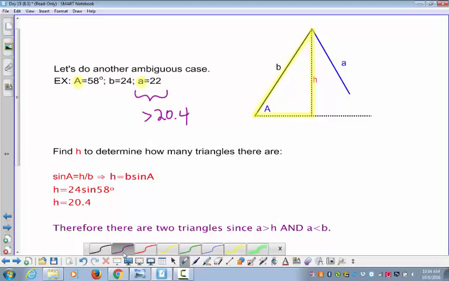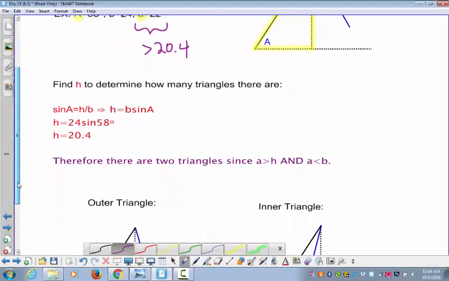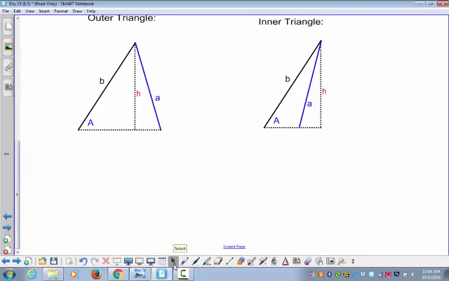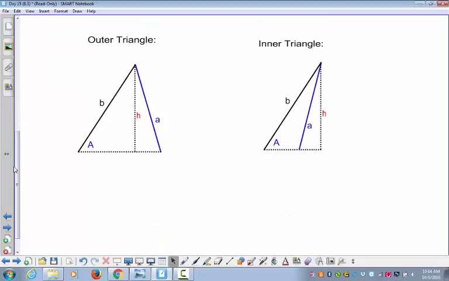So is there any confusion on how we make that assessment, whether there's two triangles or one or zero? Is that logical enough, hopefully? All right, so therefore there are two triangles, and the way we did this last class, we said we'll call one the outer triangle, one the inner triangle, and we'll start with the outer triangle because the only choice is to solve for this angle down here.